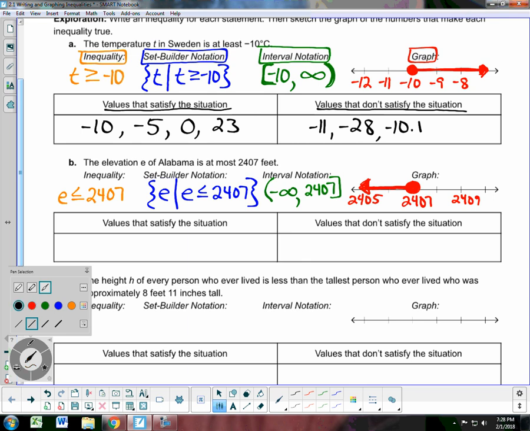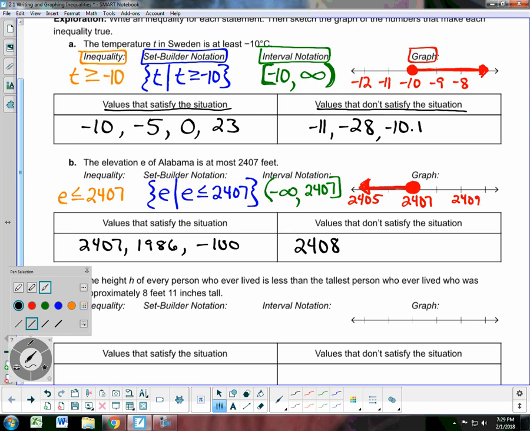All right, let's talk about some values that work. Well, 2,407 works. So would 1,986 elevation. And so would negative elevations. You could have a negative 100 elevation, and you can keep going. Some values that don't work, well, 2,408, right?